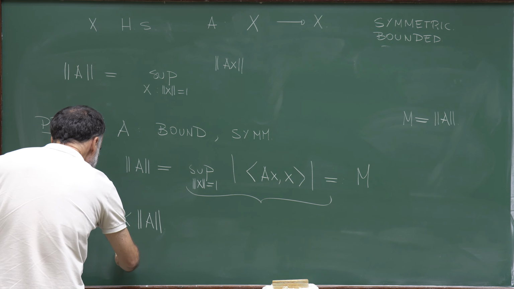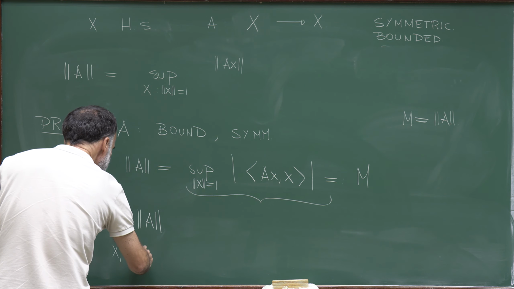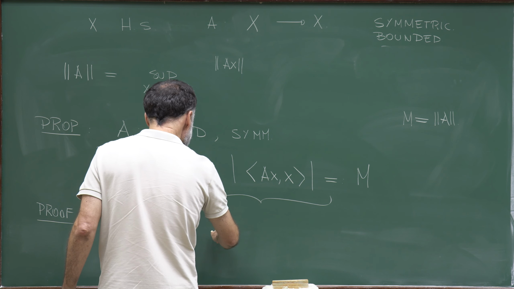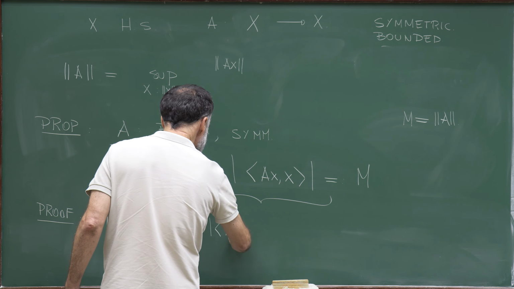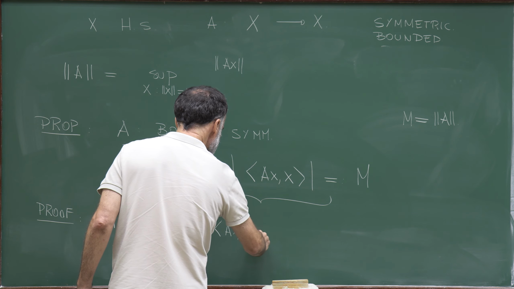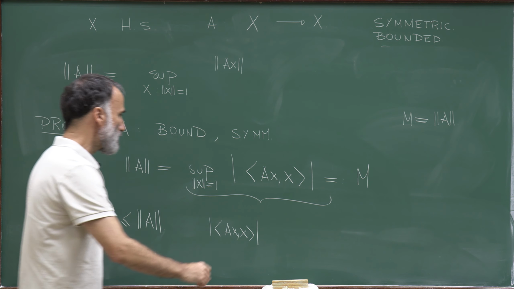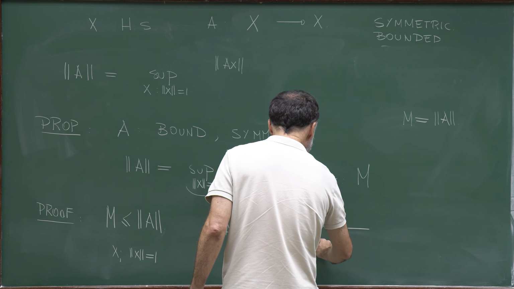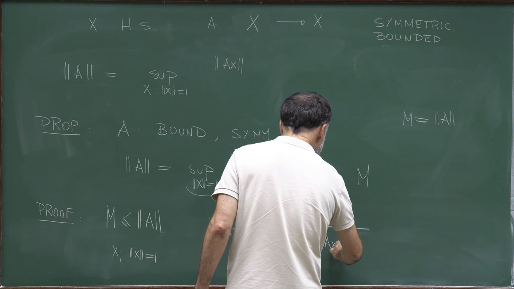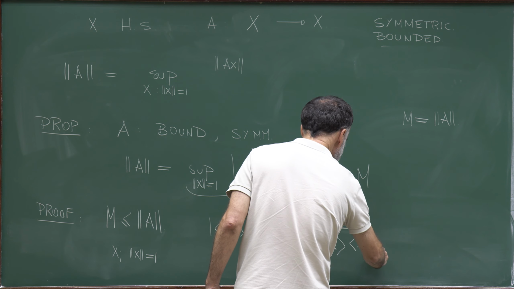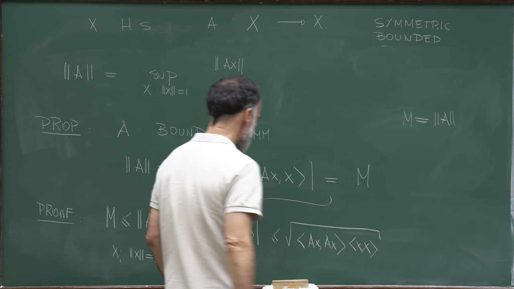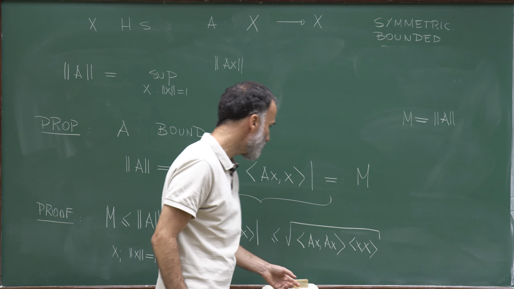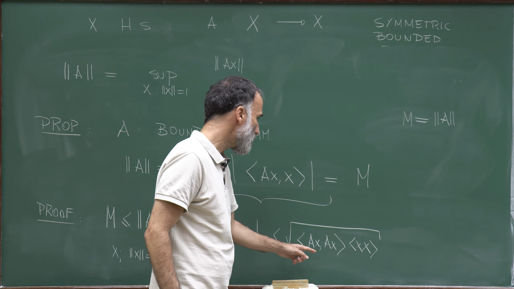Let me fix x such that the norm of x is equal to 1. Then I know by the Schwarz inequality that |(Ax, x)| is less or equal than the square root of (Ax, Ax) times (x, x). Since the norm of x is equal to 1, this expression is 1, and what remains is the norm of Ax.